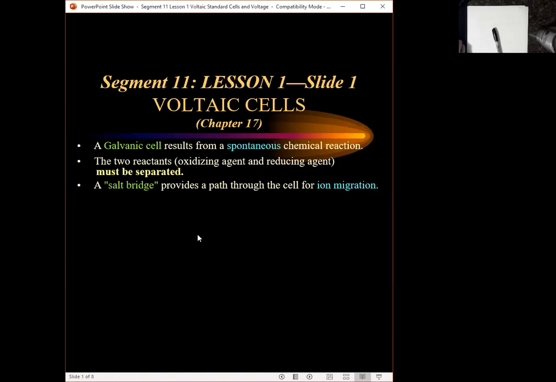The salt bridge will contain generally potassium chloride. It's what we use most of the time. In a lab experiment we used to do for your lab, we would do that by using a paper towel dripped in salt water. But it does allow the positive and the negative ions within the salt bridge to go into either of the two compartments.